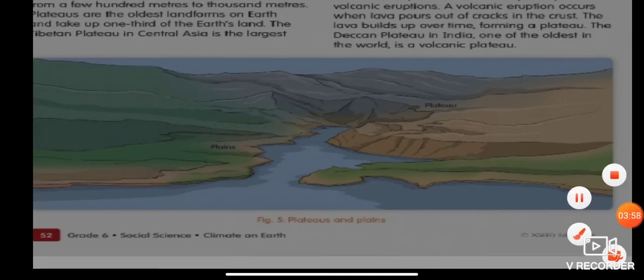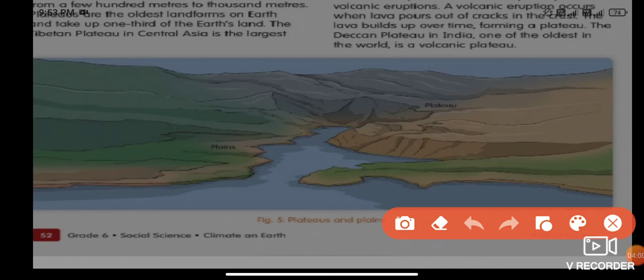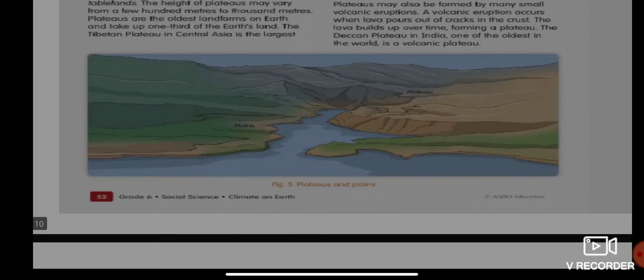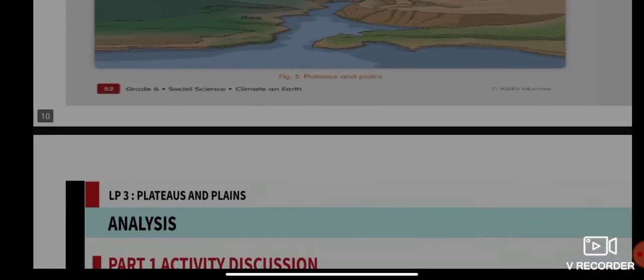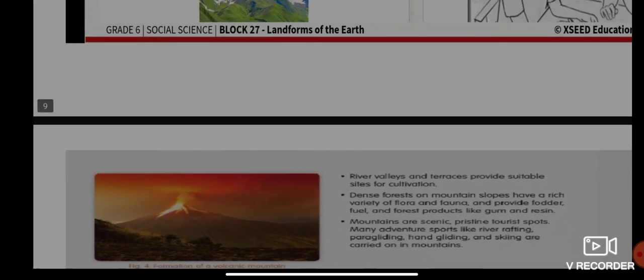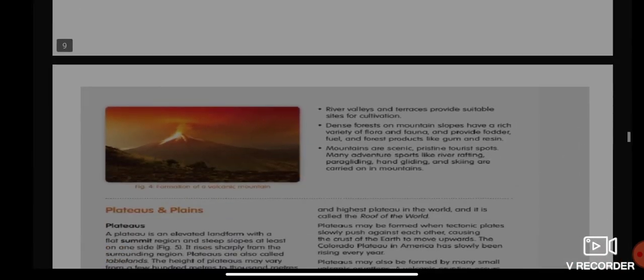As given in the figure, you'll see that these are plateau and these are plain. Plain means flat surface, plateau means hilltop, or tableland. This is the difference between plateau and plain. So accordingly, you have to come up with your own answer, justifying with given points.